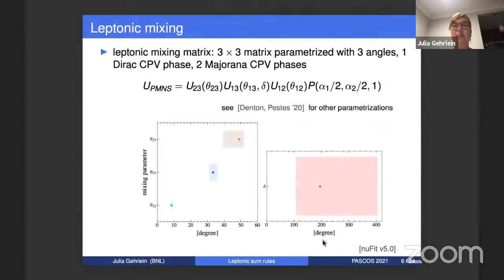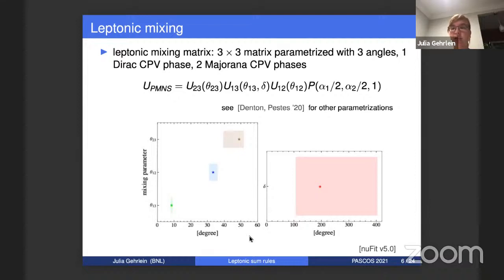So the leptonic mixing matrix is parameterized as a 3x3 matrix with three angles, one CP violating phase and two CP violating Majorana phases, which are only physical if total lepton number is violated. So I'm going to parameterize the PMNS matrix as a series of three rotations, although other parameterizations also exist.